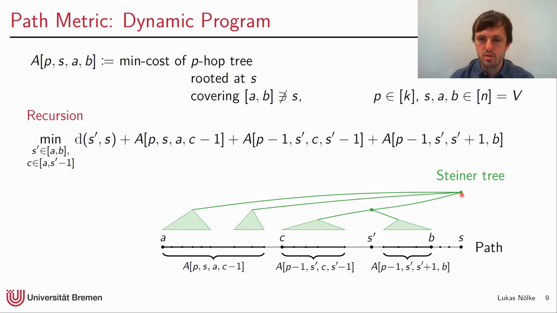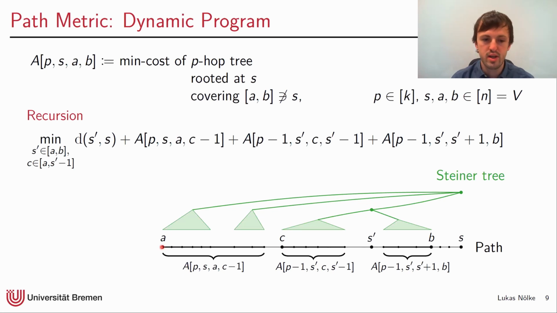For the recursion, look at the following picture. It depicts an optimal solution for our dynamic programming cell. So we have a Steiner tree rooted at S, and here S prime is the child of S that is closest to it. And then we have a subtree on the right of S prime, which goes from S prime plus 1 to B, and on the left of S prime, which goes from C to S prime minus 1.